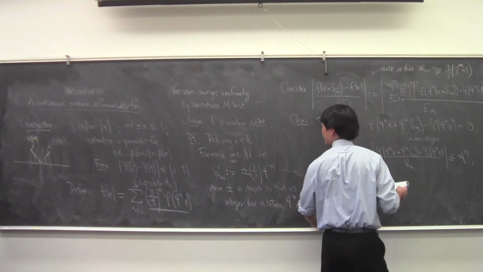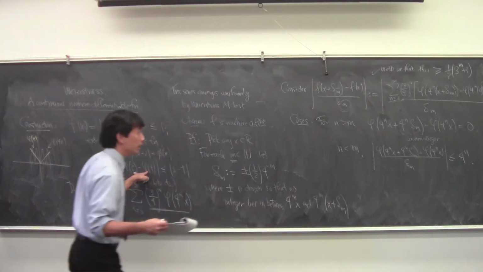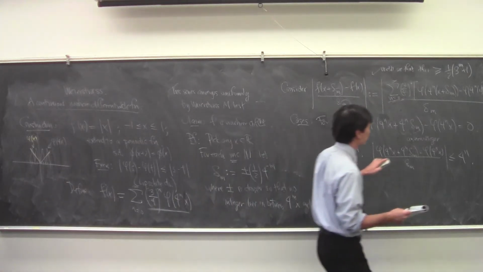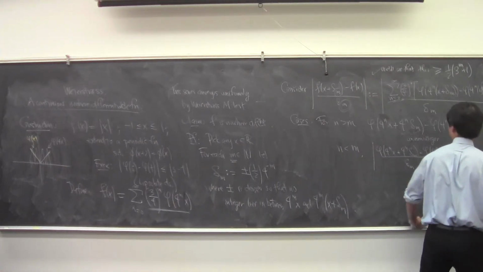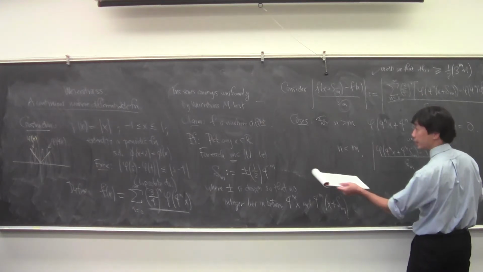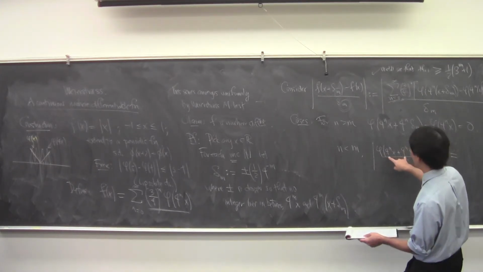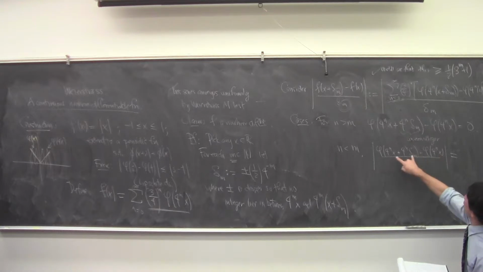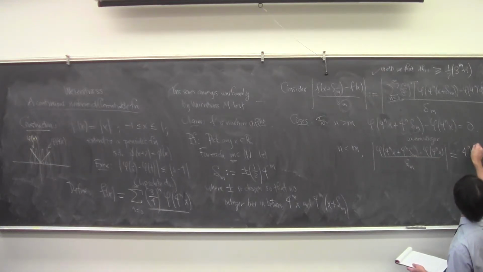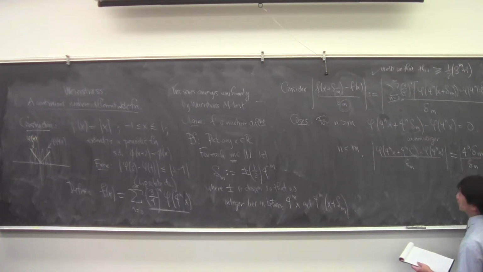This difference on the top here is less than the difference of the arguments, and so we get 4 to the n delta m. We're dividing by delta m, and so we get 4 to the n.